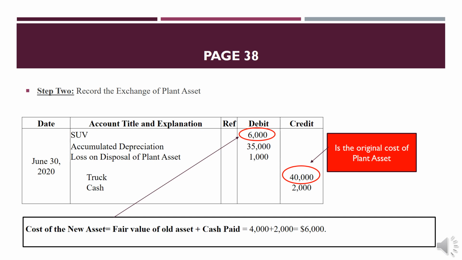So the new truck has an amount of $6,000, which is its cost. We also need to credit the cash paid, which is $2,000. The difference between them will be the loss on disposal, which is $1,000, and we already calculated it as the fair value, which is $4,000, minus the net book value, which is $5,000, and so we have $1,000 as a loss on disposal.